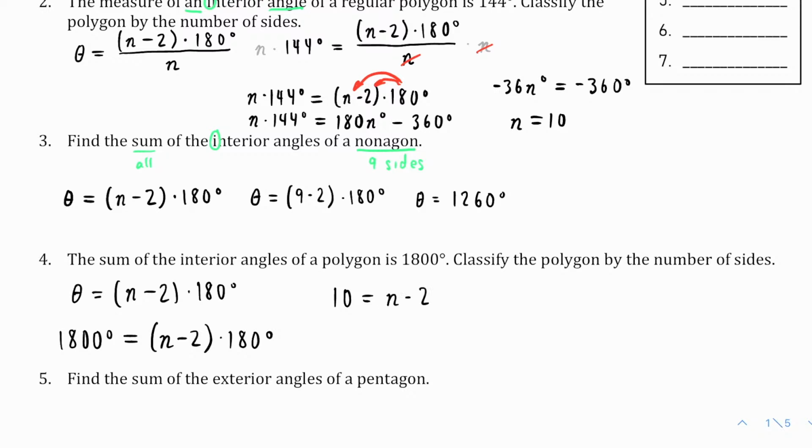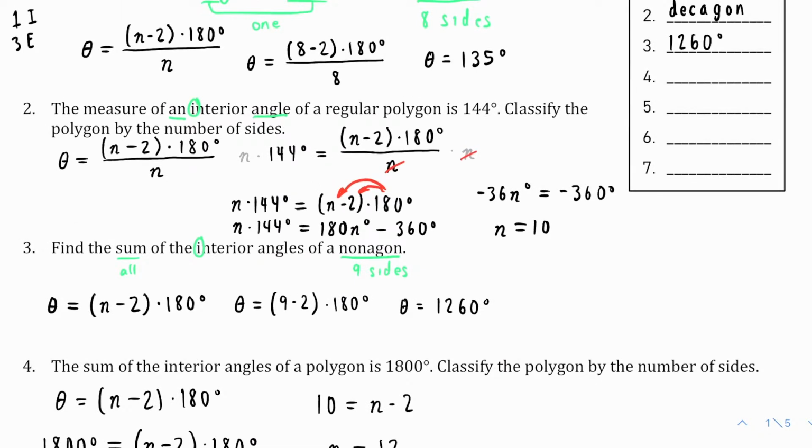You just add 2 to both sides. N equals 12. Remember, it says classify, not just write the number. So the classification for a 12-sided polygon is a dodecagon. Beautiful.